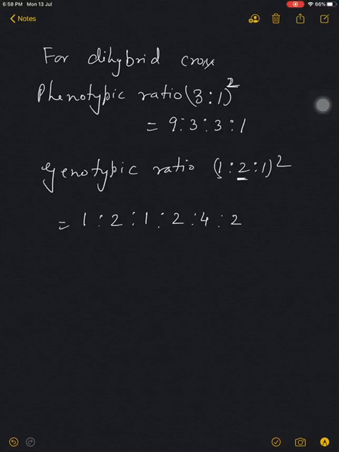Again 2 into 1, 2. Now it starts for 1. 1 into 1, 1 is to 2 is to 1. So here calculate it. 1 to 2, 3, 4 to 6, 4, 10 to 12, 13, 14, 15 and 16. So there are 16 offspring.